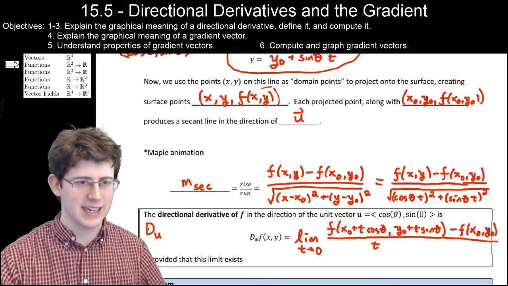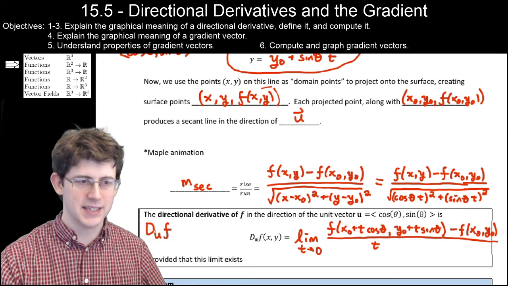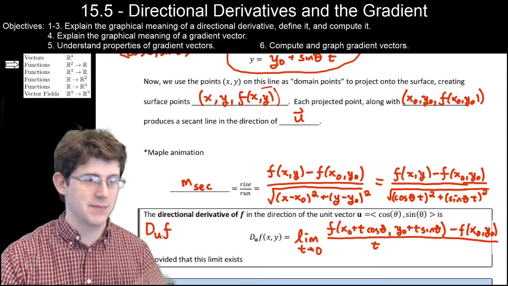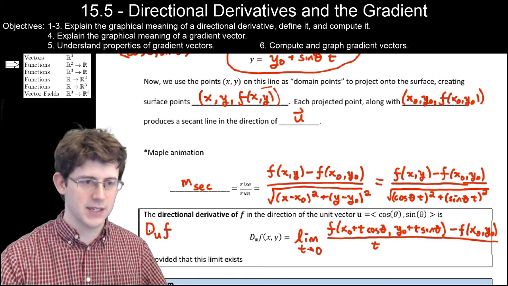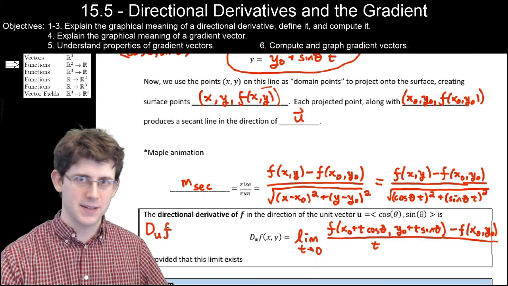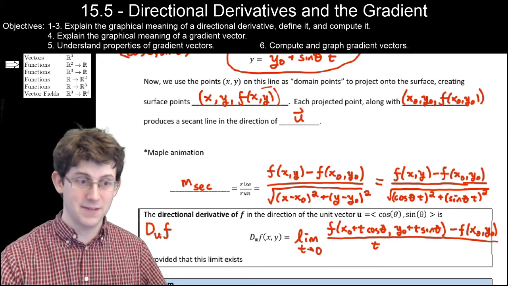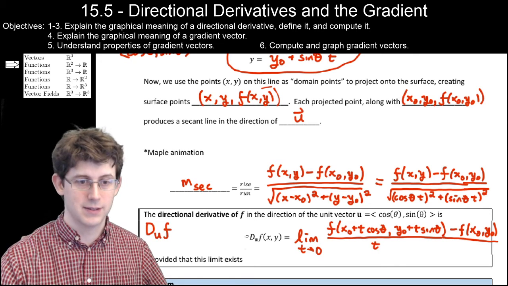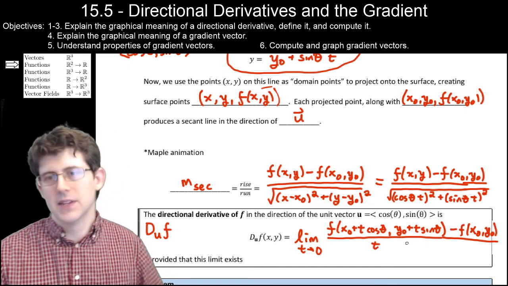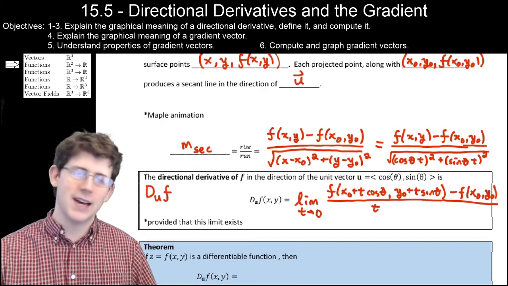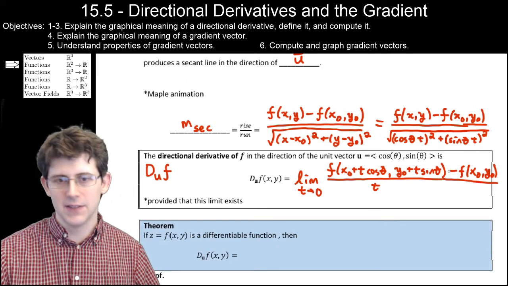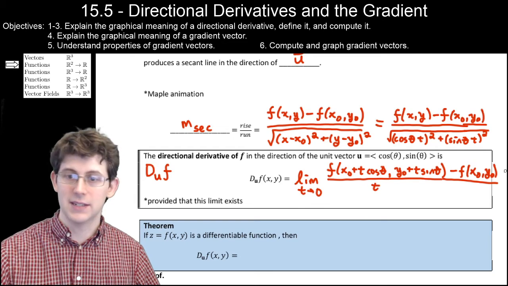The capital D is derivative, so it's the derivative of f, but then the u is a modifier on D. So it's the u derivative of f, the directional derivative of f in the direction u. That's what this says. And then there's this crazy formula here. The limit doesn't always exist. Sometimes you'll have a cusp on your surface or something that stops the limit from existing. But if the limit exists, this is what the derivative is.